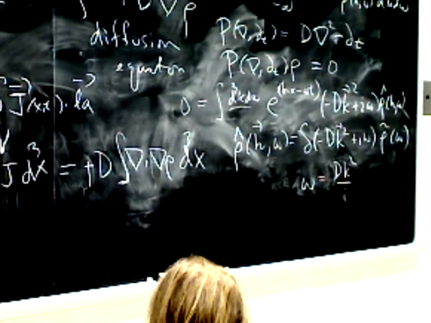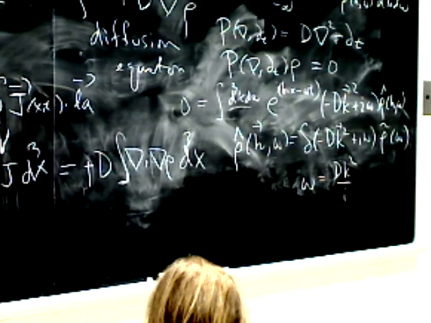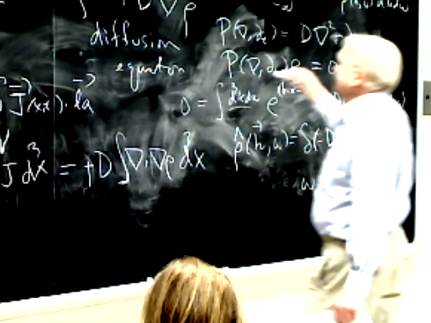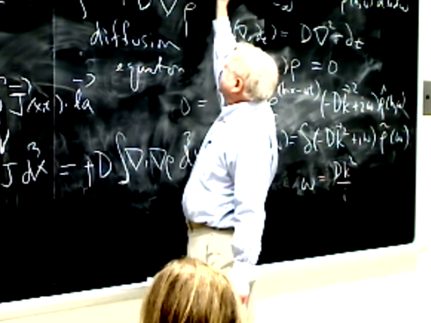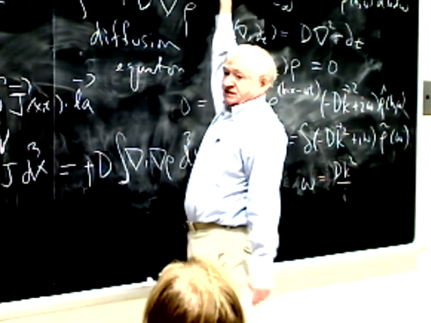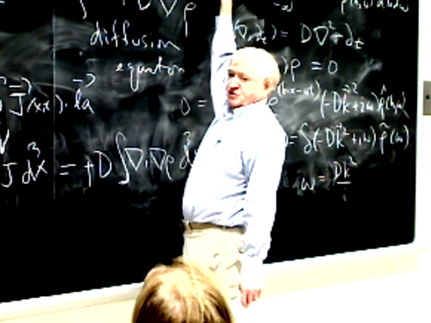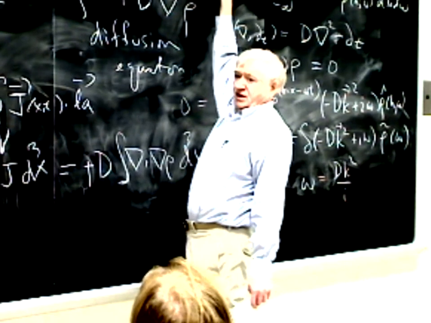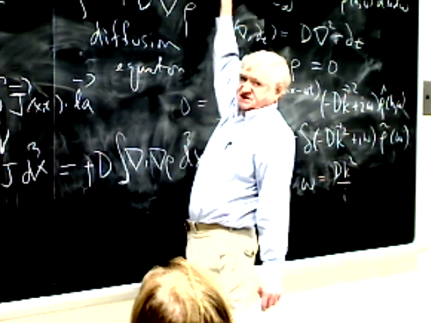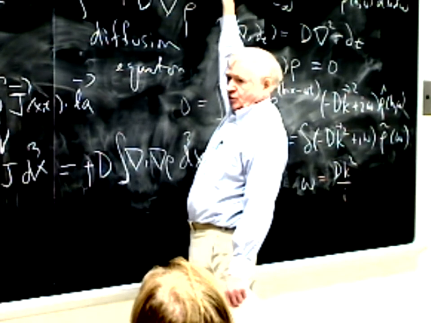All right? Now, to figure out what rho tilde is, we set t equal to 0 in this equation. And that tells us that apart from some multiple of 2 pi, rho tilde is just the Fourier transform of the initial distribution at time 0 of the particles, say sodium ions in a glass of water. Okay?